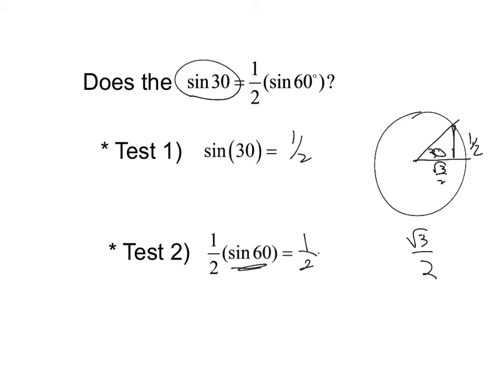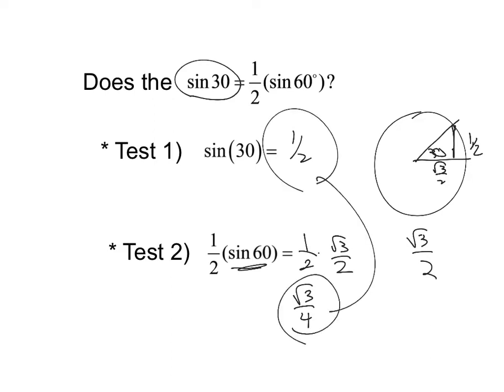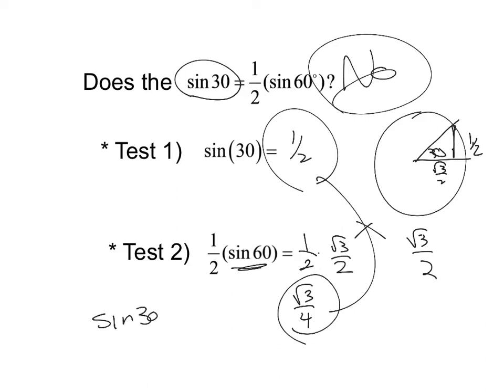So this is like saying 1/2 times square root of 3 over 2, which is square root of 3 over 4, which is not equal to 1/2. So the short answer is no. That's not going to work. Sine of 30 does not equal half the sine of 60. It's got to be direct on what it does.